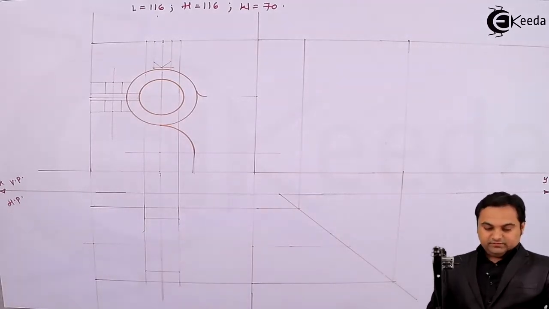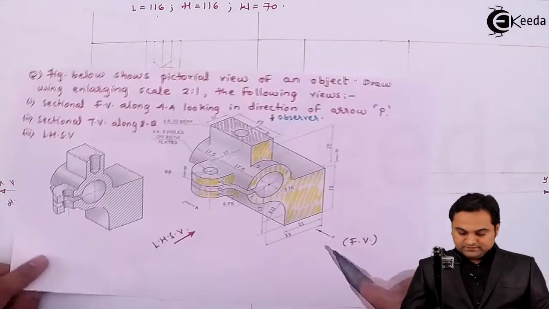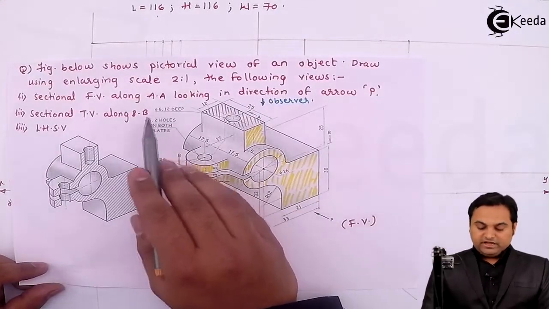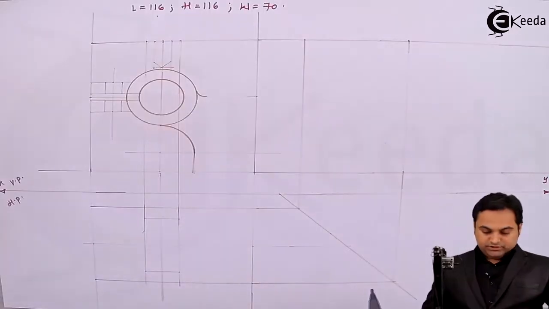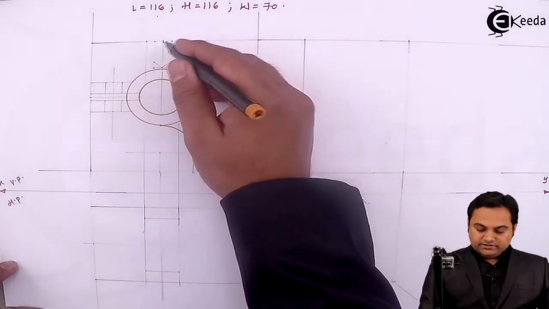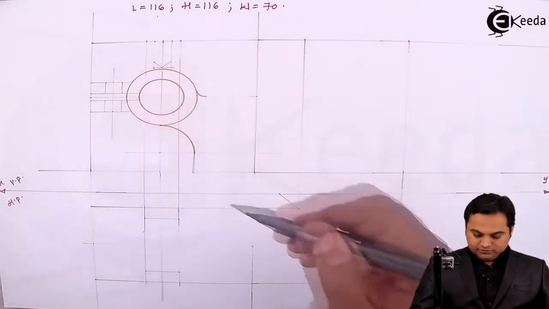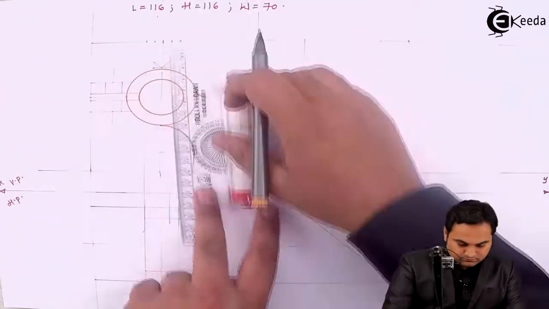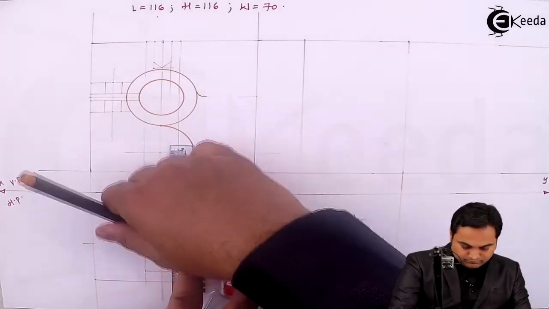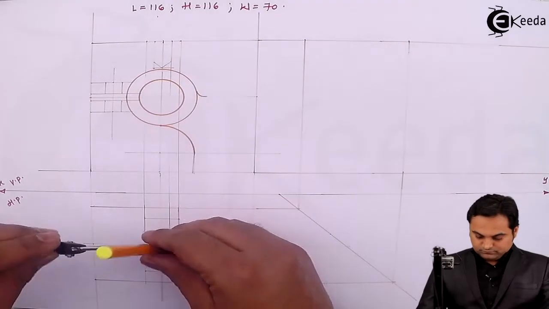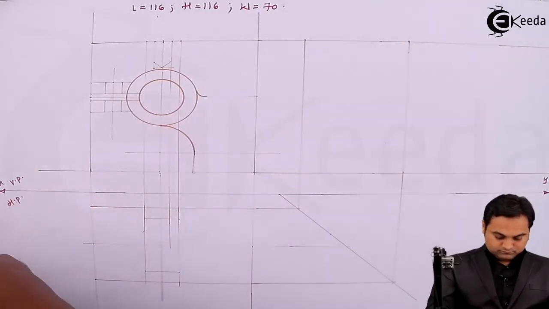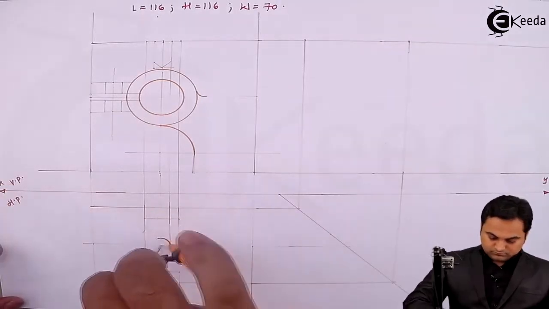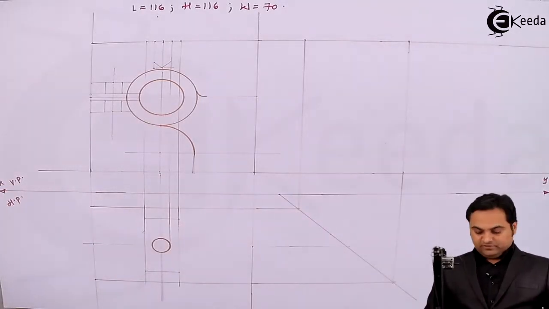So this is the rectangle visible from top. Then inside that we have a circle of diameter 6. So this will be of diameter 12 because of the scale. So here that circle, its radius we already have in the front view. I'll project it down. Now this circle will be visible from top.